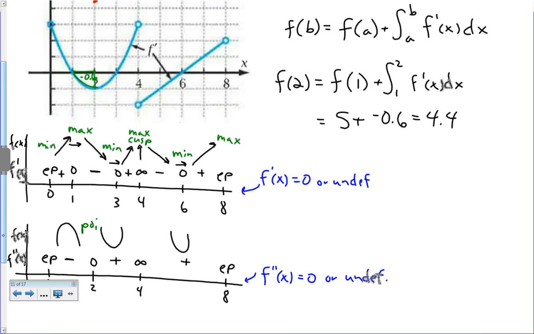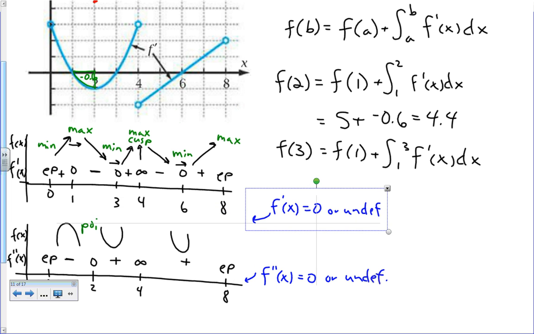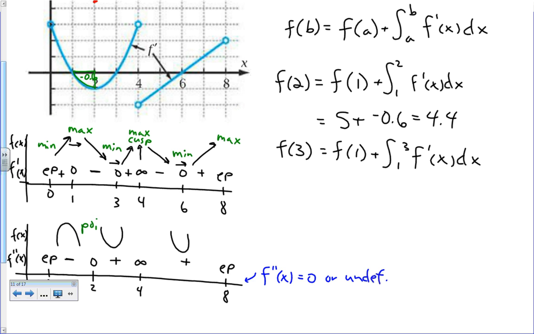So f of 3 is going to be equal to f of 1 plus the integral from 1 to 3 of f prime of x dx. I'm just going to move this out of my way. Actually, I'm just going to delete this for right now because I've already marked it, so I can draw this in here.